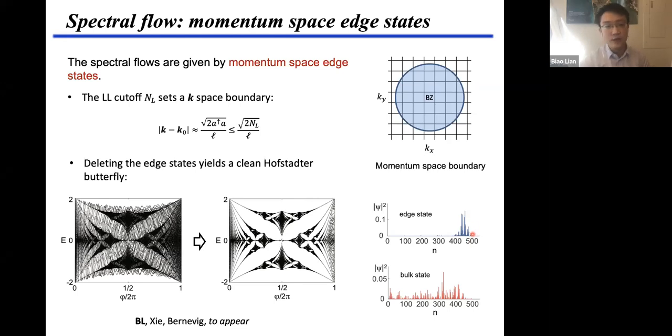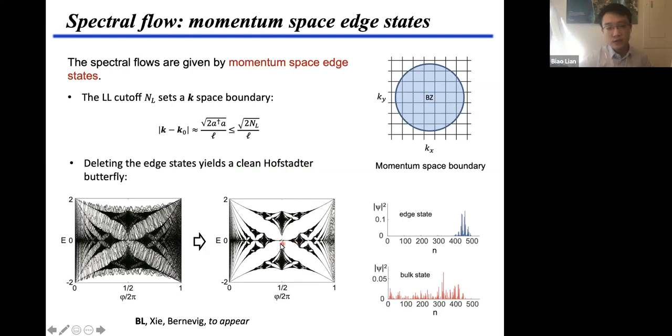Here it's taken as 500. Because square root of N_L is the radius in momentum space, you could identify this as an edge state. In contrast, if you take a bulk state, a typical wave function would look like this. You see the wave function is almost uniformly distributed over all the Landau numbers. So by identifying the weight of the wave function near the edge, one could identify these edge states and delete them in the numerical calculations.